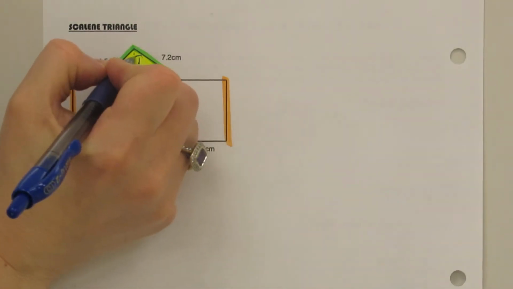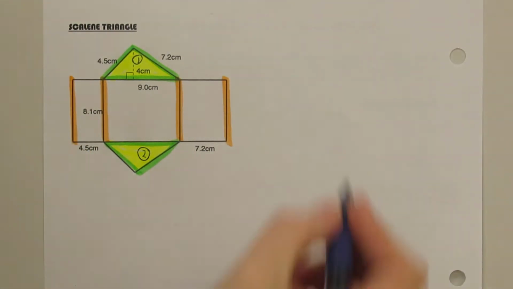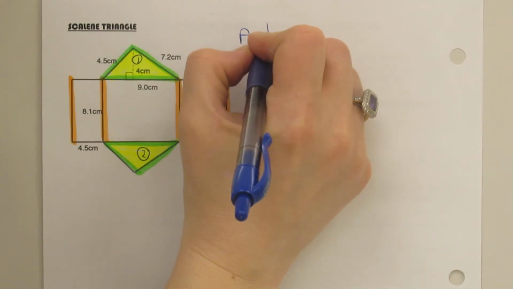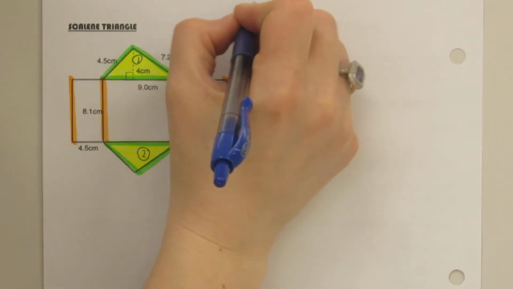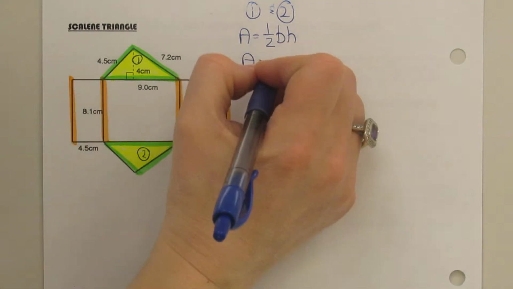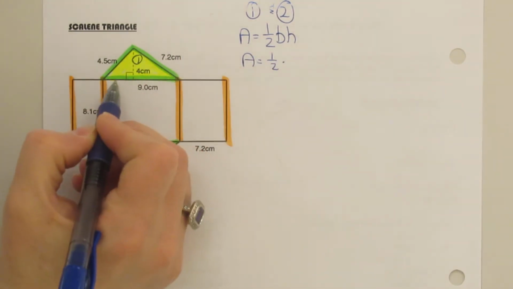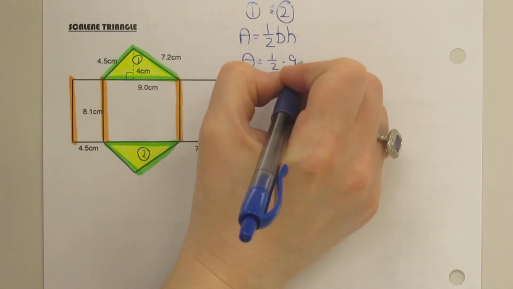So we have 2 triangles here that are exactly the same. So we're going to find the area of a triangle, and that formula is 1/2 base times height. So this is going to be shapes 1 and 2. We're going to find their area first, 1/2. The base of the triangle is 9, the height of the triangle is 4.